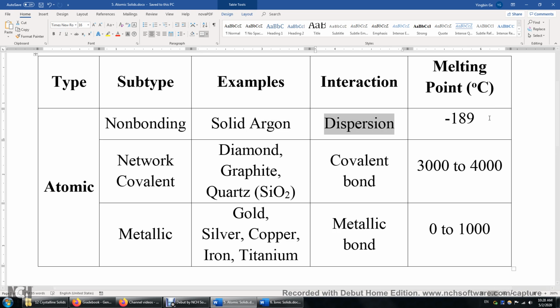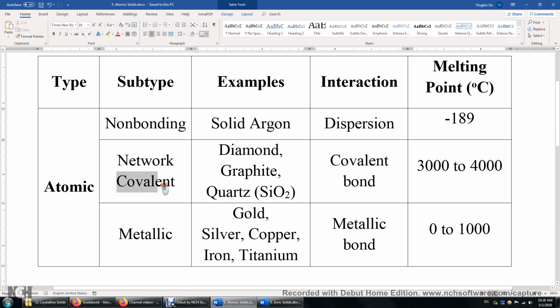For example, the melting point of argon is negative 189 degrees Celsius. Xenon is slightly larger than argon in size, and therefore we expect solid xenon to have a slightly higher melting point than argon. Now, network covalent.